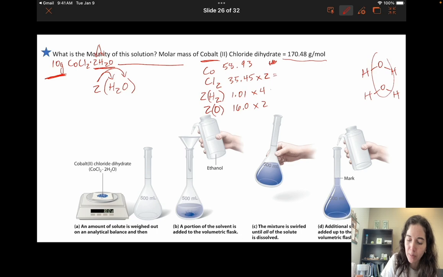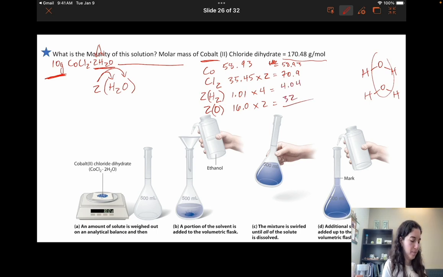We'll multiply them, and then we'll add them all up. So 58.93 plus the 35, then we're going to have 4.04 and then 32. We're going to add all these together. It's going to leave us with 165.87.